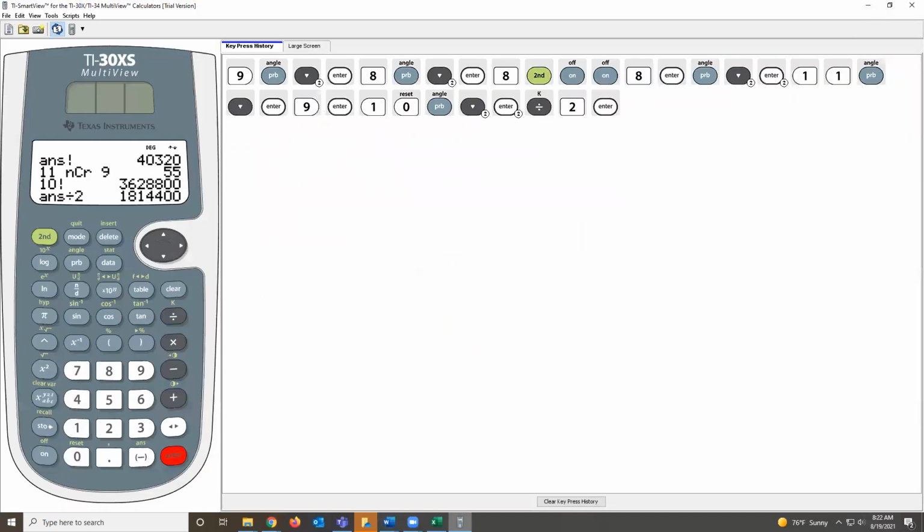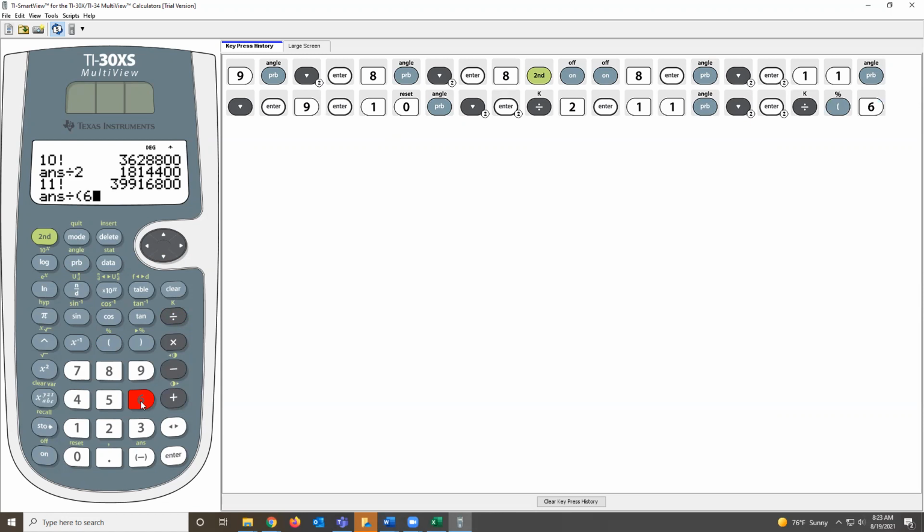In the calculator, the way we'll enter it is we'll have 11 PRB factorial divided by, and the whole denominator has to be in parentheses.